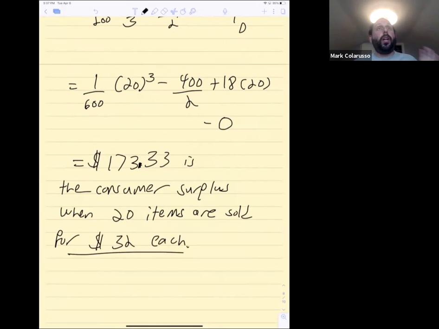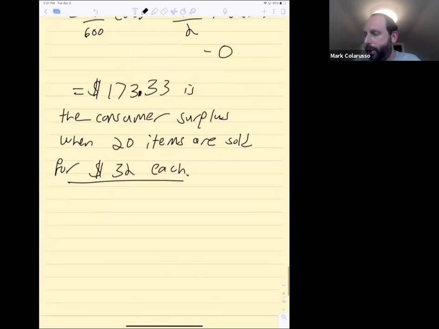Okay, so that's what I'm going to say about consumer surplus. You can play with it more in the homework, and I'll be happy to go over more examples with you in the live meeting, of course.